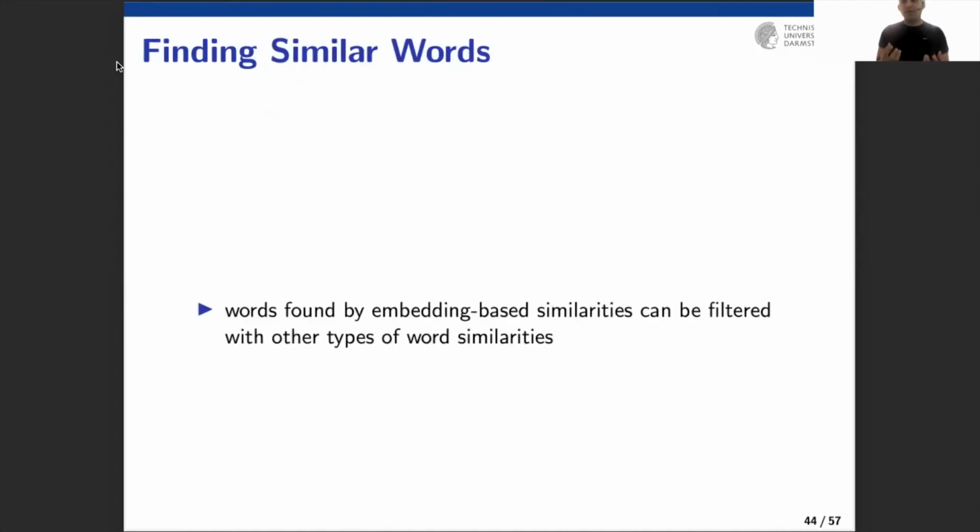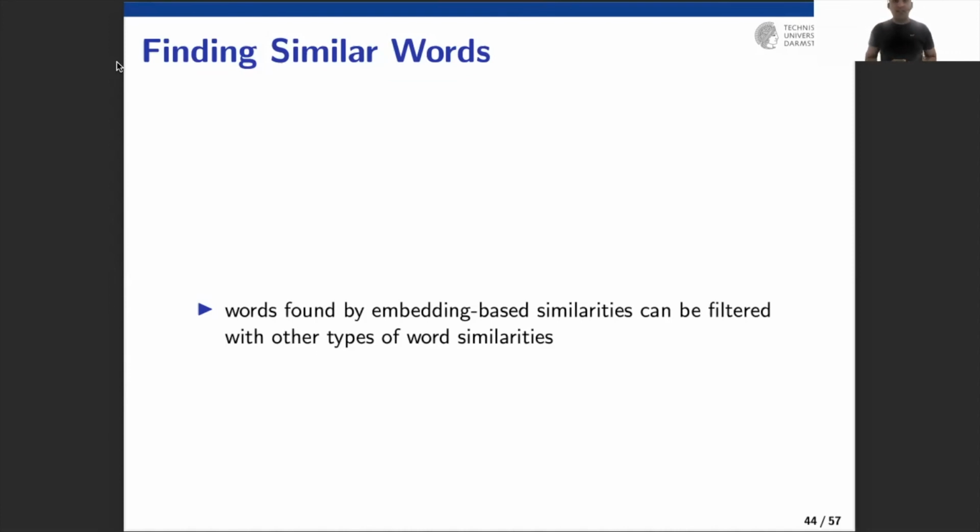So the good thing about word embedding is that we can map words to vectors, and then we can use the algebra in vector space to play with these meanings.